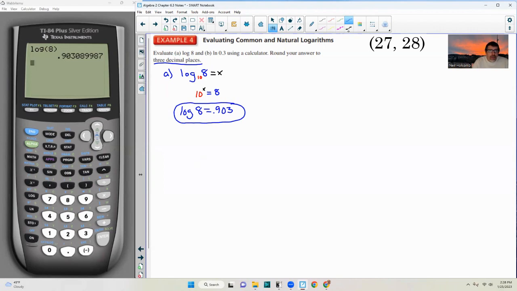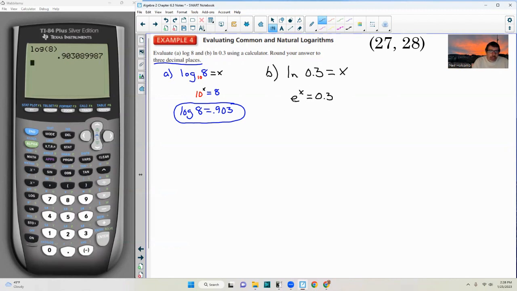All right, let's try it again. Now we're looking for b, which is the natural log of 0.3. What that means is, if I said equals x here, the natural log just means log base e of a number. So that would be e to some number equals 0.3. Try thinking this through and figuring out what your goal is here.